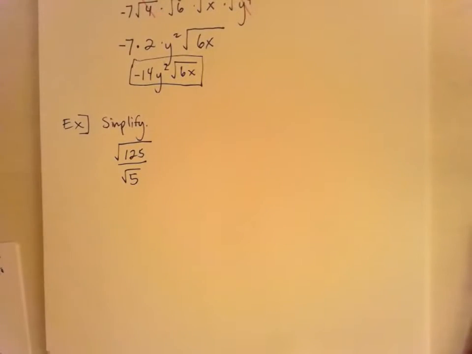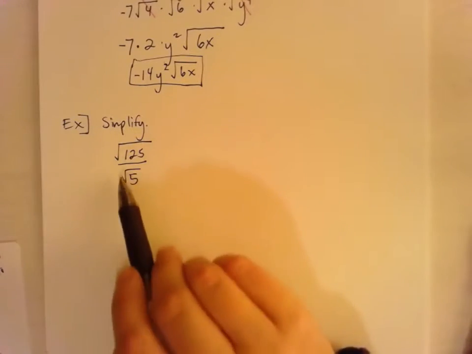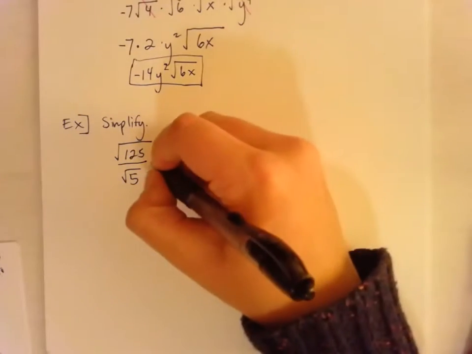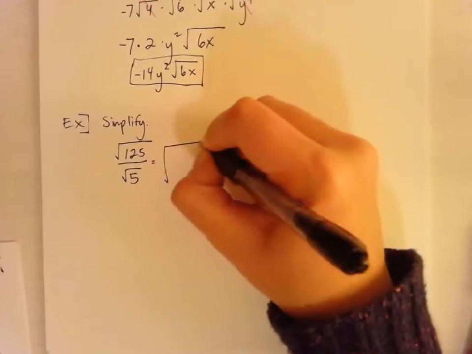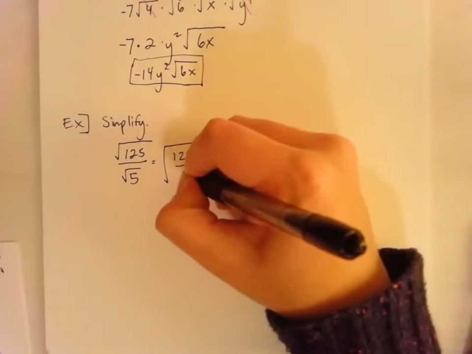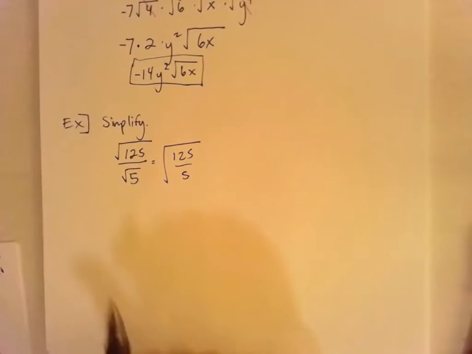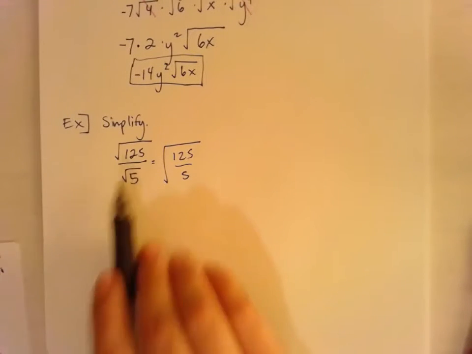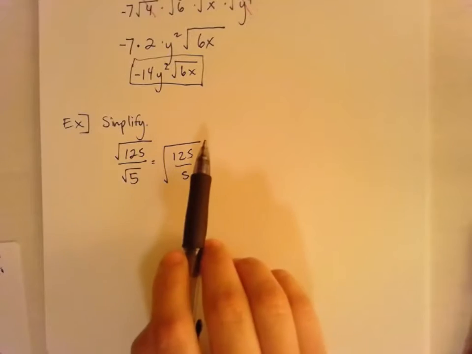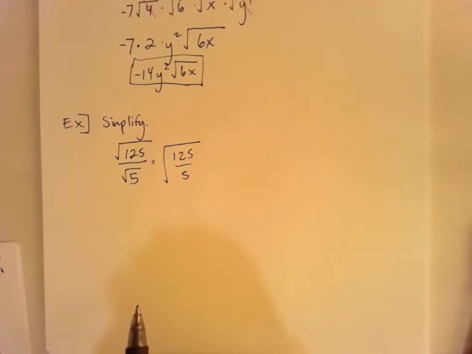The first thing you should do whenever you have a radical over a radical is rewrite it as one big radical. This is a property of radicals that is totally allowed. If you have a radical over a radical, you are allowed to make it one radical and one fraction.